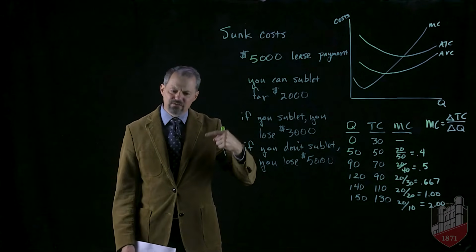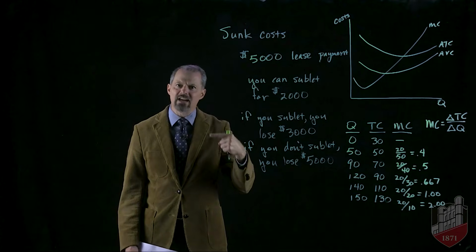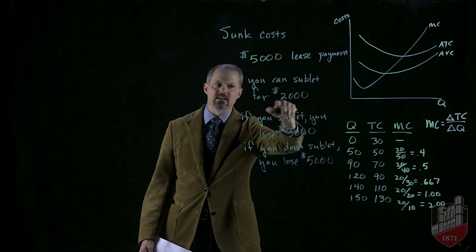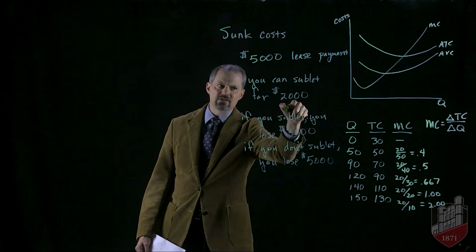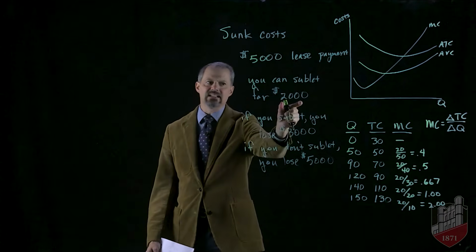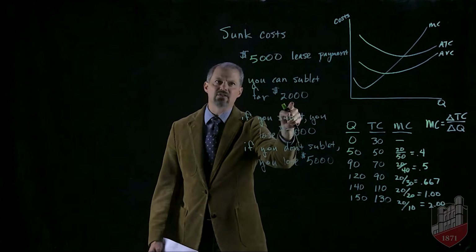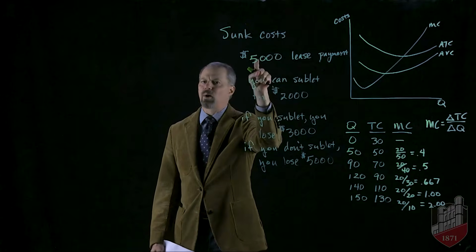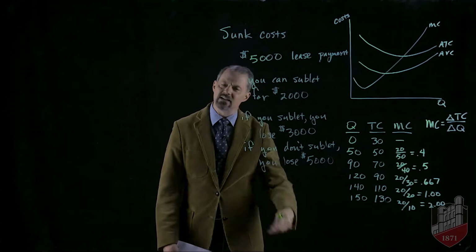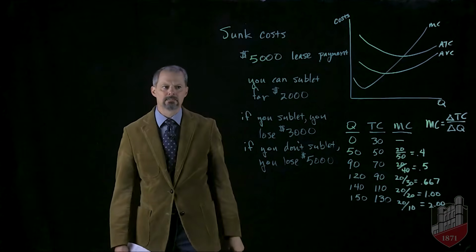From the point of view of making a good decision right now, all that matters is this piece of information right there. I can get $2,000 if I sublet it, or I can choose not to sublet it and not get anything. Getting the $2,000 at least helps me cover part of that money that I have lost. If I choose not to sublet it, I just lose the full $5,000.